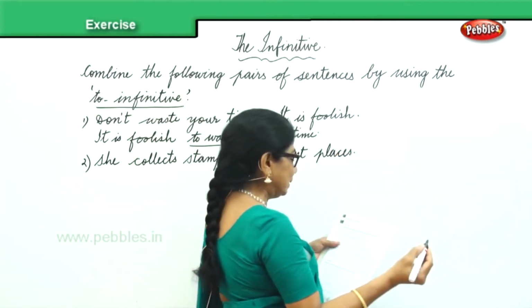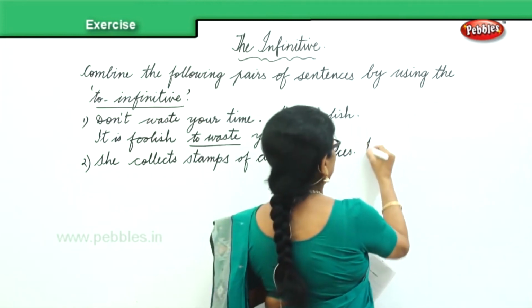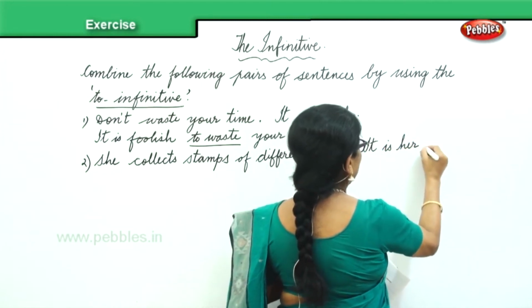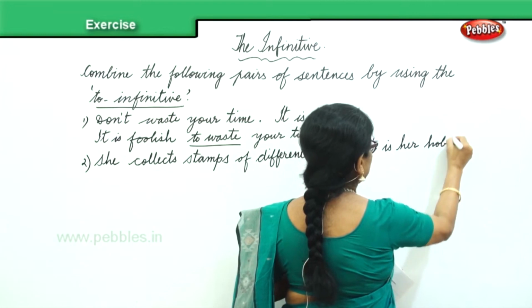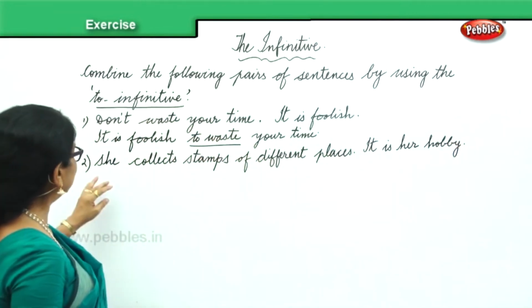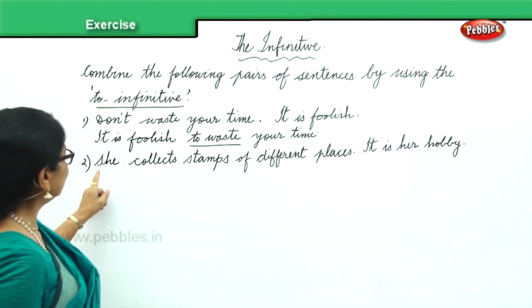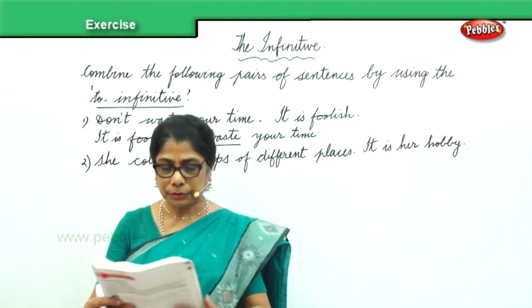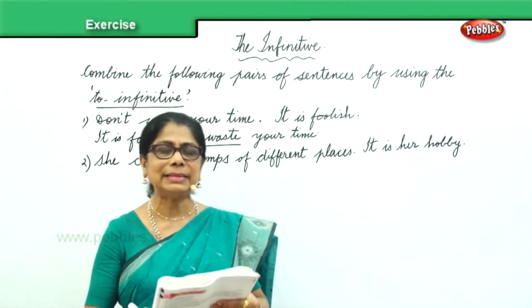And the next sentence is: It is her hobby. Now, we need to combine together with to. She collects stamps of different places. It is a hobby. So, how will you combine the sentence?